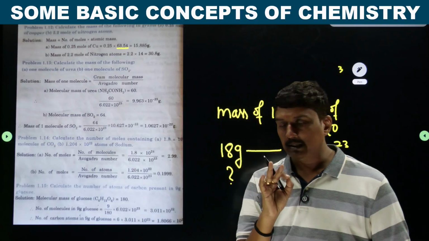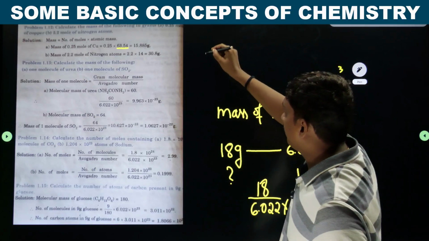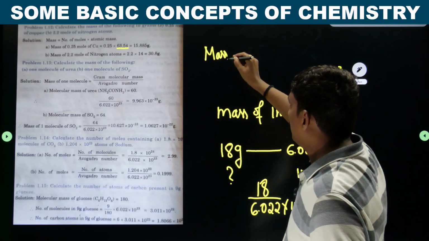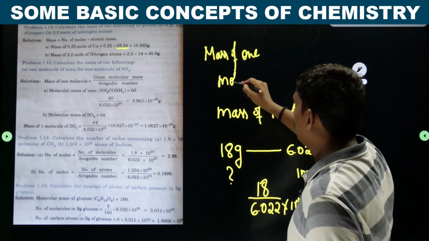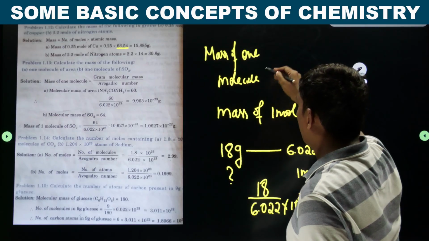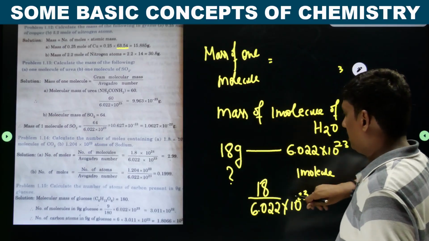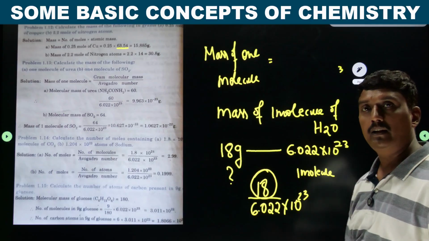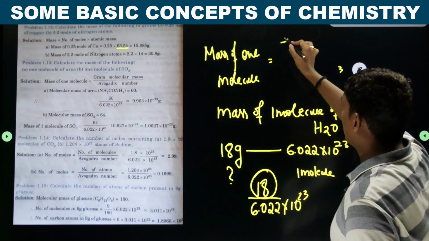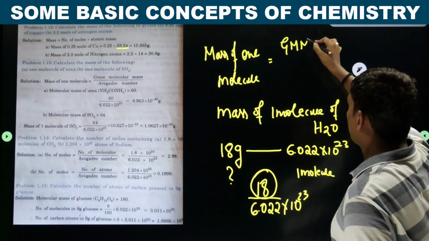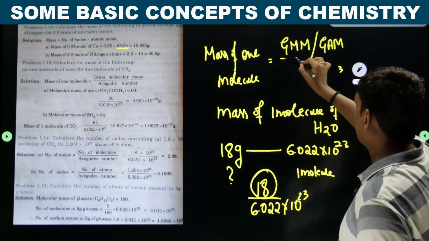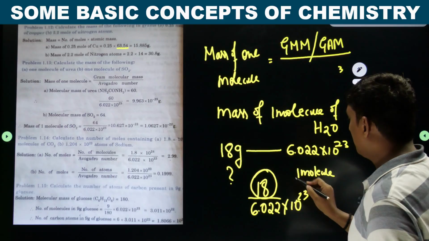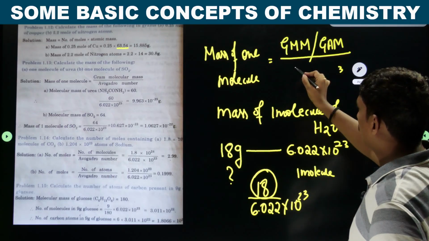If you want to calculate the mass of one molecule or atom, 18 is the gram molecular mass. Gram molecular mass, or gram atomic mass if it's an atom. If it's an atom, you take the gram atomic mass divided by 6.022 into 10 to the power 23.